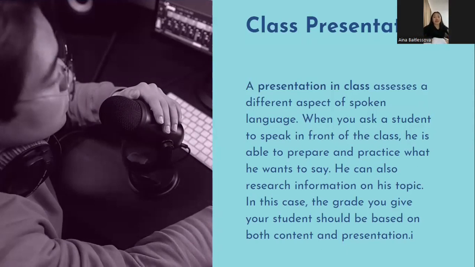In this case, the grade you give your student should be based on both content and presentation. Also, this type of assessment gives you the possibility to assess students' speaking skills, writing skills, and, for example, reading skills too.